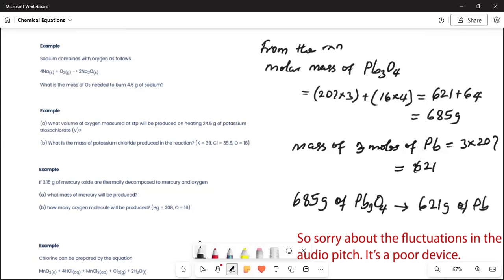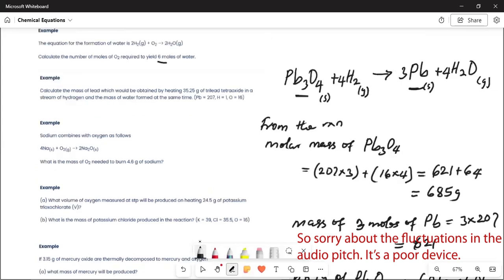What does that mean? We calculated the molar mass of trilead tetraoxide in this reaction. We have 685 gram. Then we calculate the mass of these 3 moles of lead that is formed as a result of the reaction. We got 621 gram. That means the mass here produced 621 gram of lead.